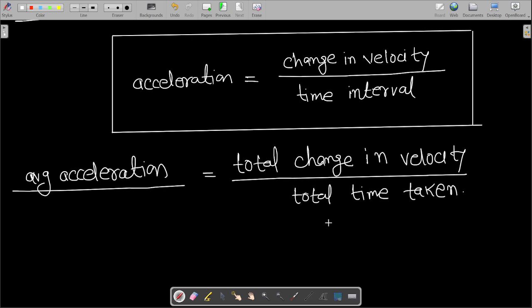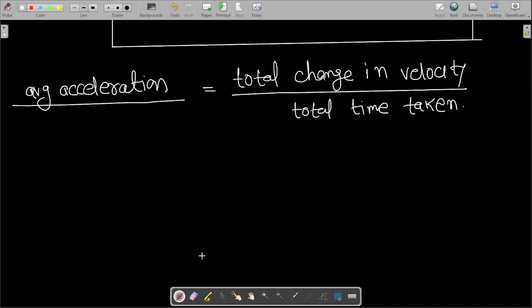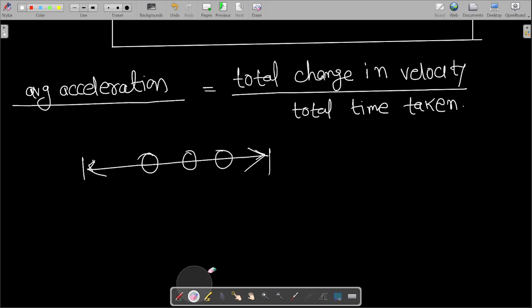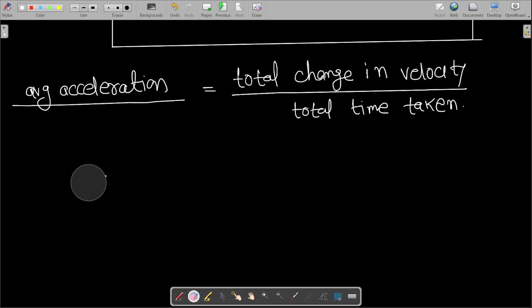In the term average, we are generally taking the term with the total time span. But in acceleration, we can measure the acceleration here, here, or here. But in average acceleration, we measure the acceleration of the total path covered. Okay.